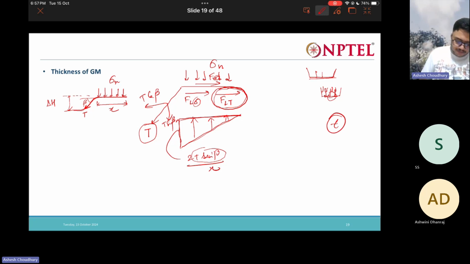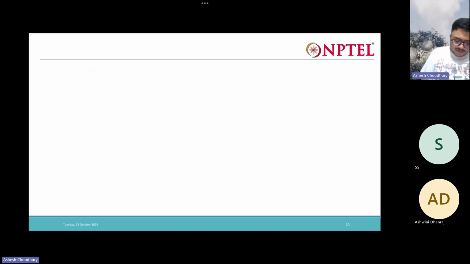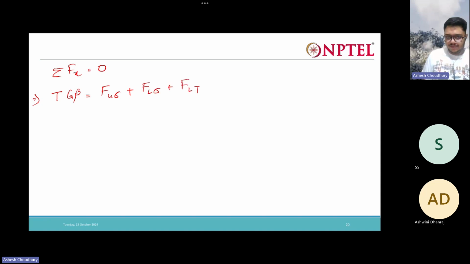Now if we do summation Fx equal to 0, what you will get: T cos beta is equal to F_u delta plus F_l delta plus F lower due to tensile mobilization. So you have sigma n. What is this?